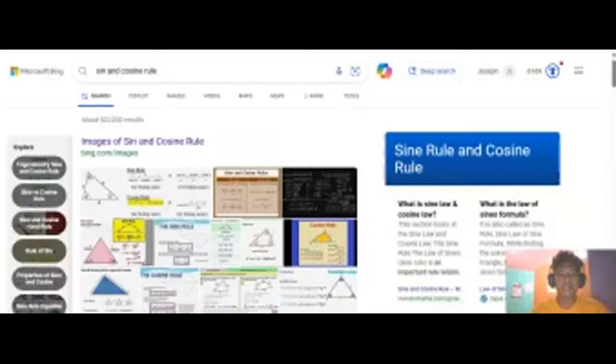So let's go into that now. So the sine and the cosine rules. Let me bring this up and show you guys. Hopefully everybody could see that.